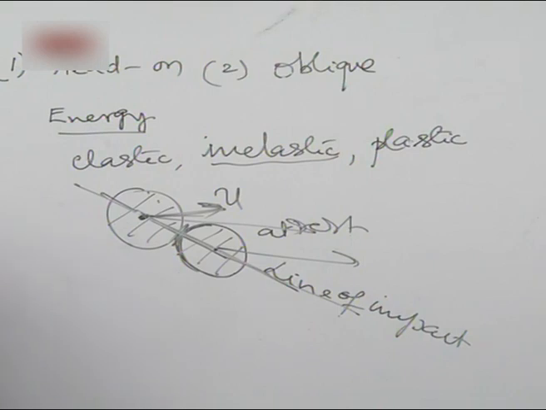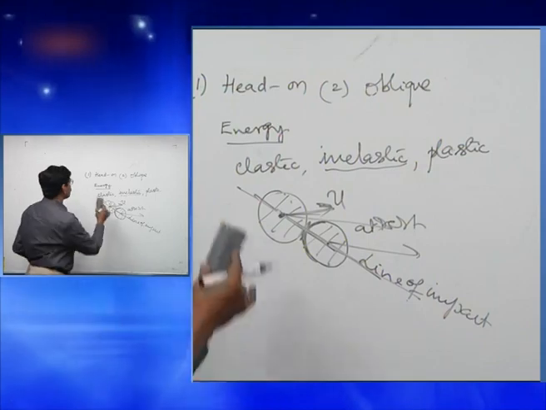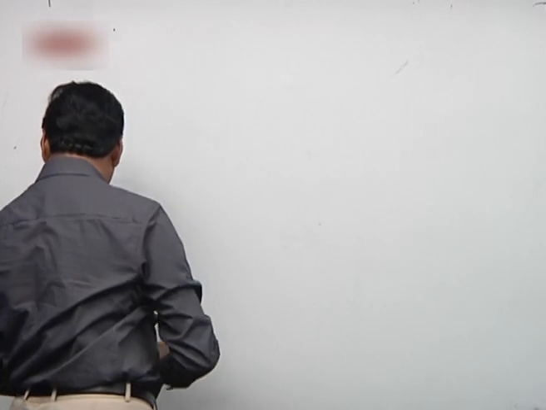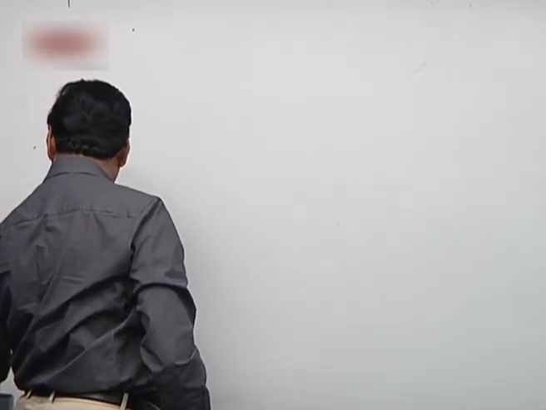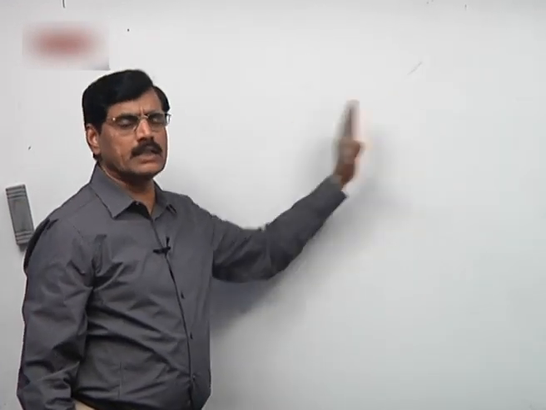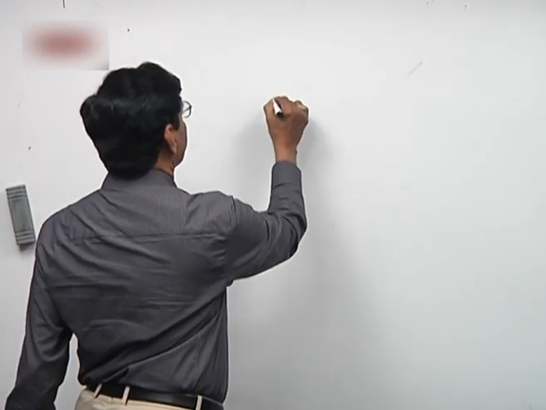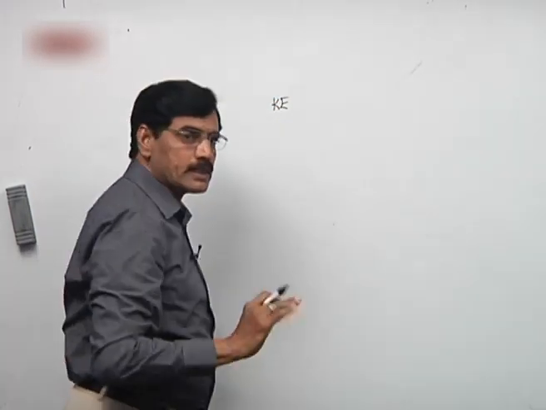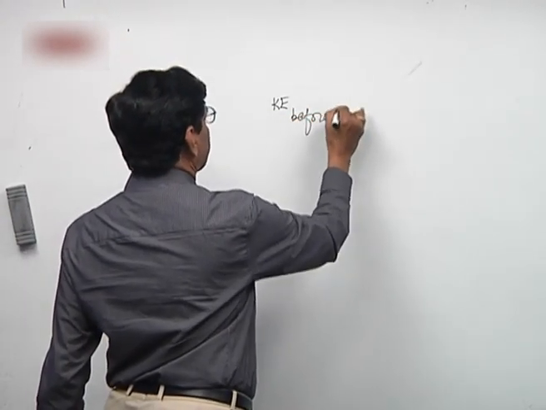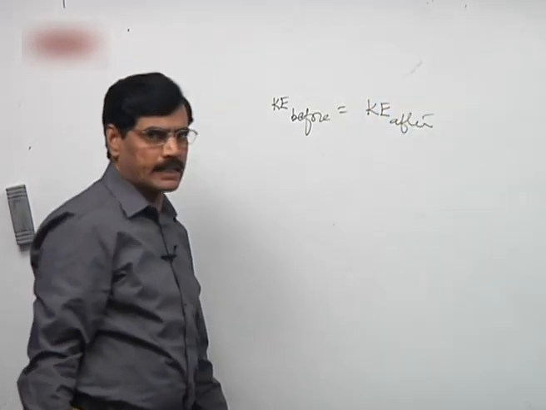The next one is classification of collisions based on energy. What energy do we use for classification? It is the kinetic energy of the colliding bodies. If the total kinetic energy of the colliding bodies before collision is equal to the kinetic energy after collision, that is what we call conservation of kinetic energy.